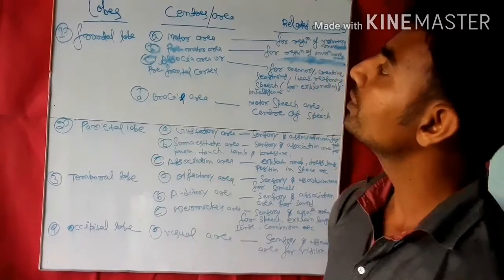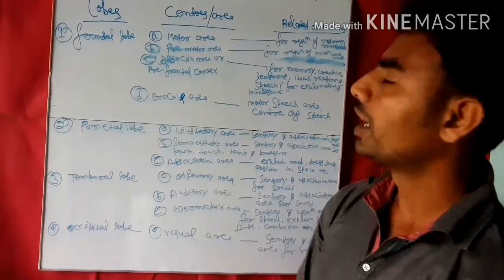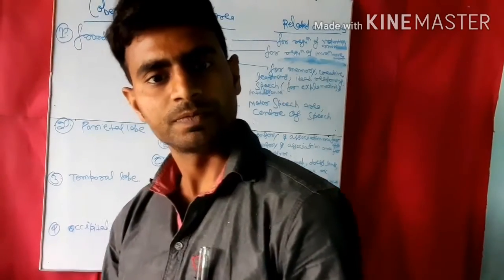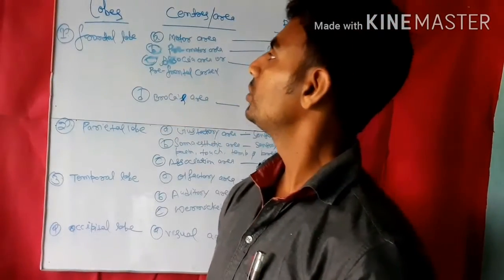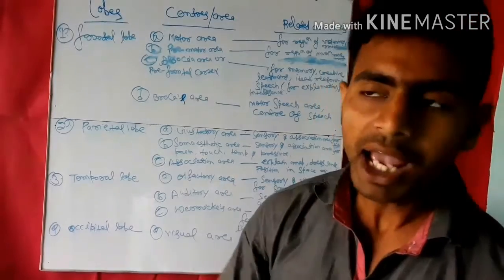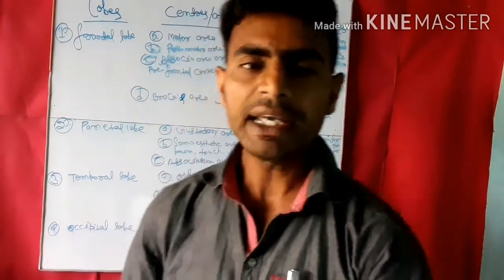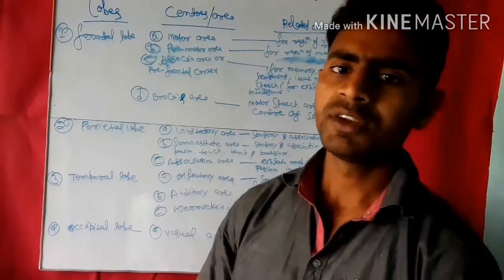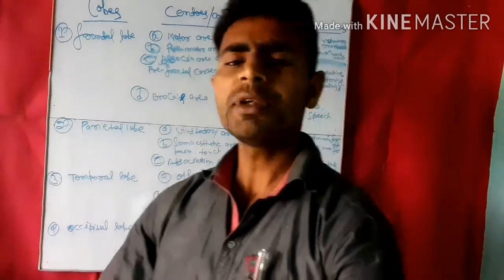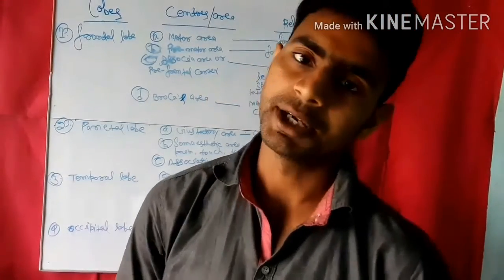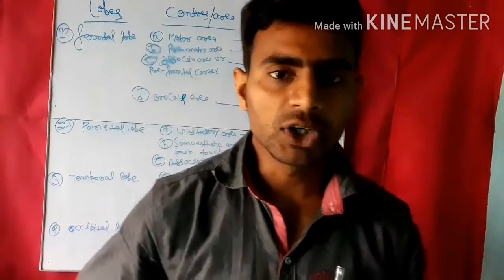So this all is the lobes, areas, and related activities: what are the activities of which area, which area is present in which lobe, that lobe is present in the cerebrum, the cerebrum is present in the forebrain, and the forebrain is part of the brain.